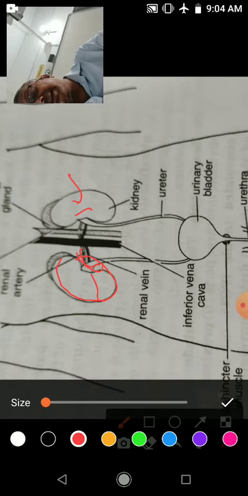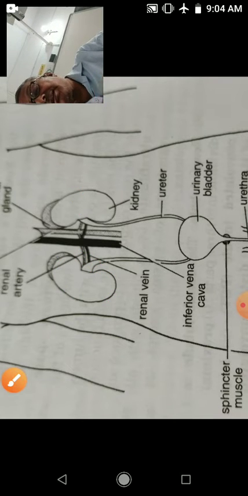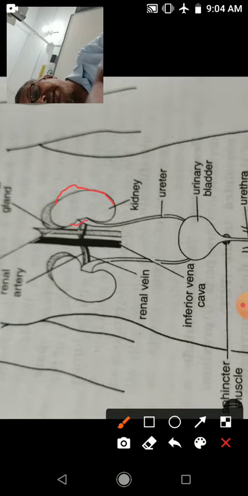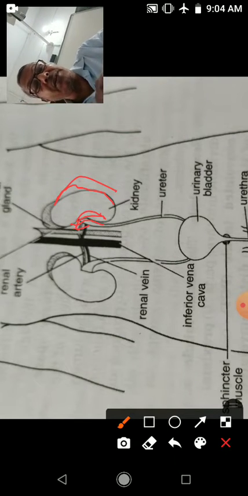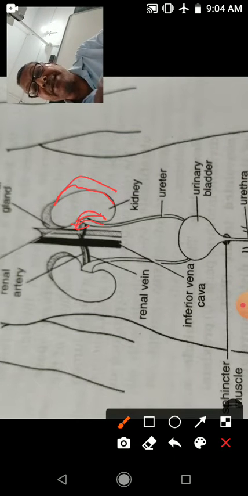So when you see the structure of the kidney, you will find this portion is the convex side and this portion is the concave side. It is convex and this is concave. On the concave side there is a depression, and this depression is called the hilum.